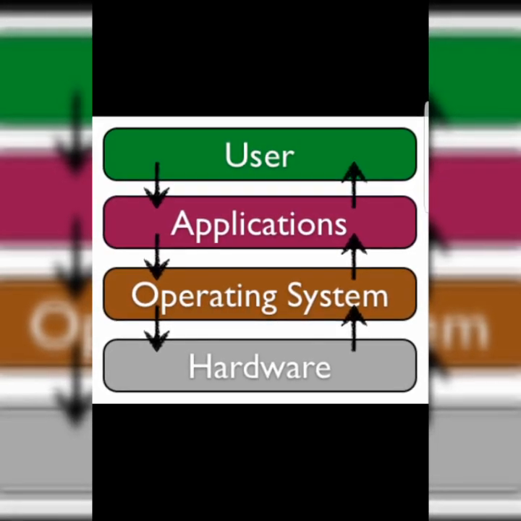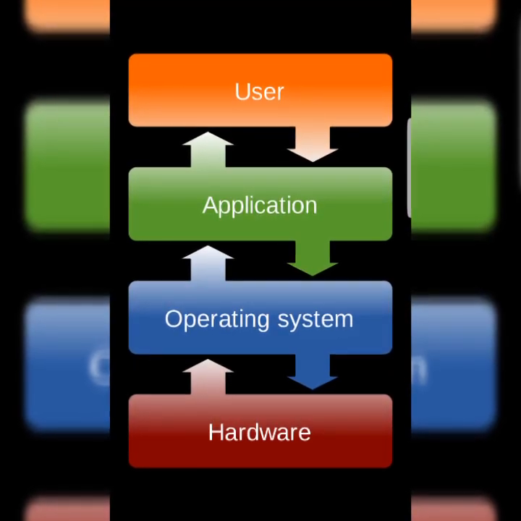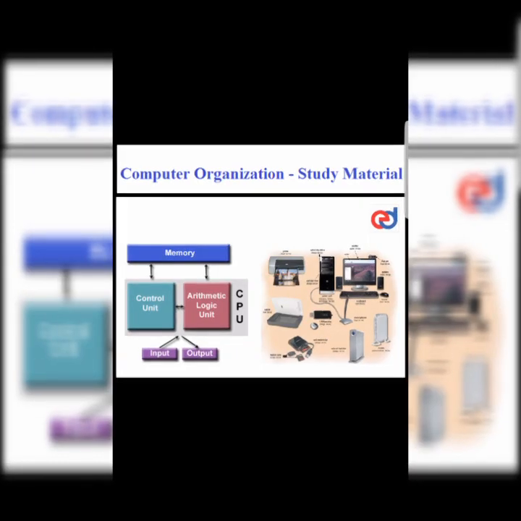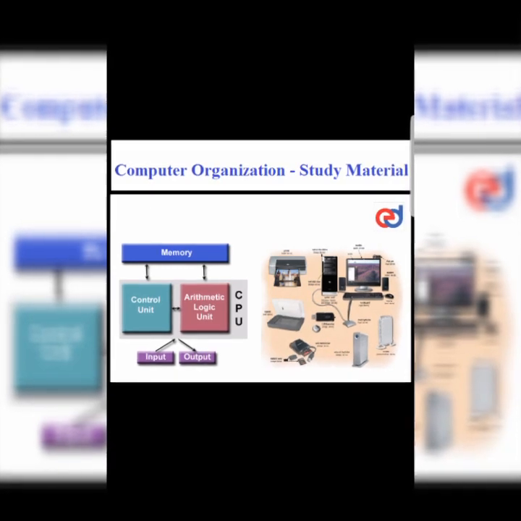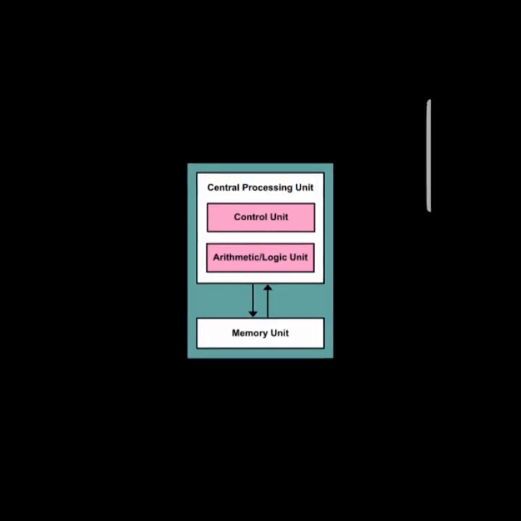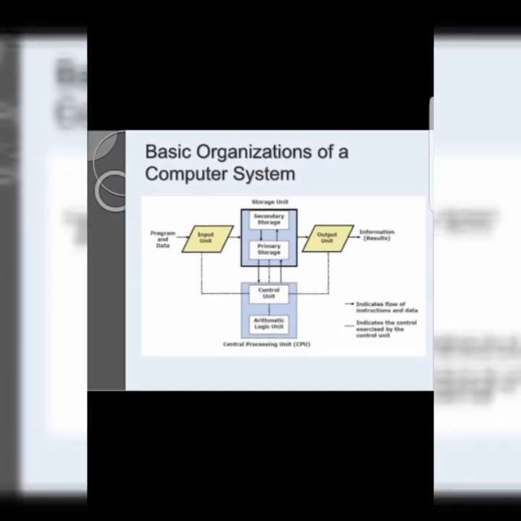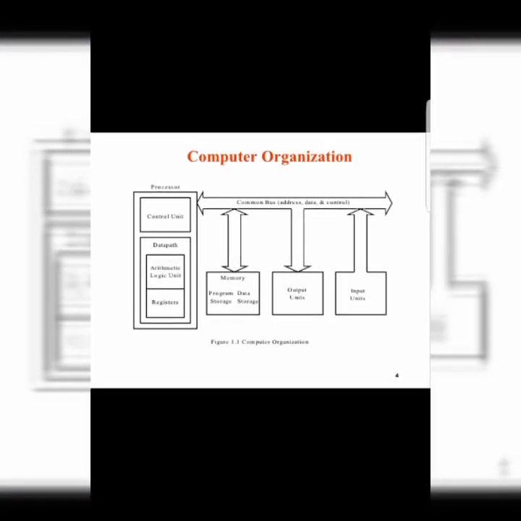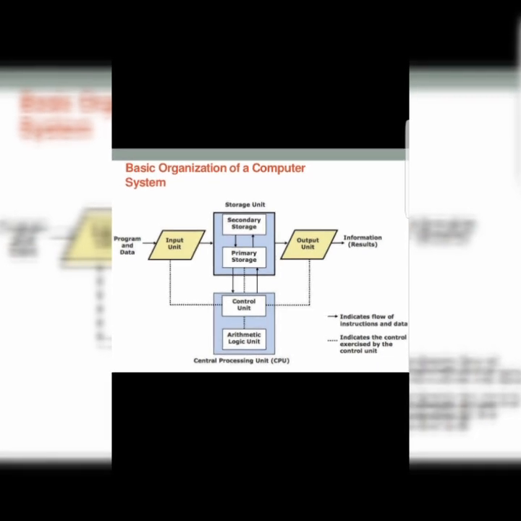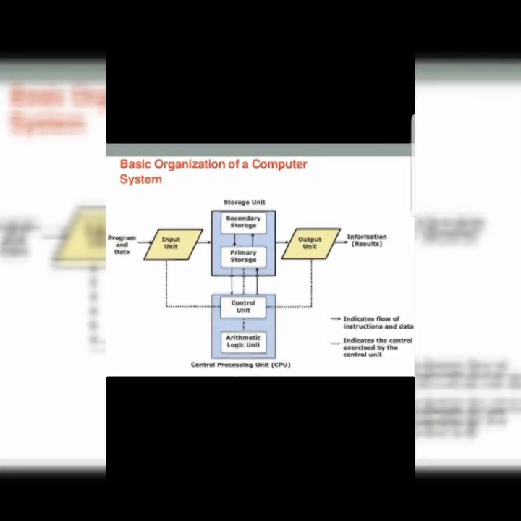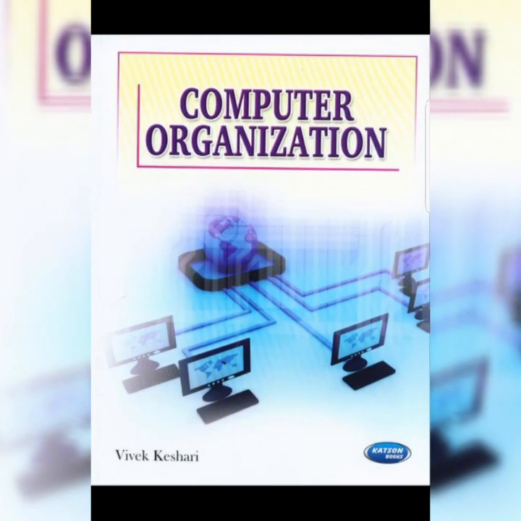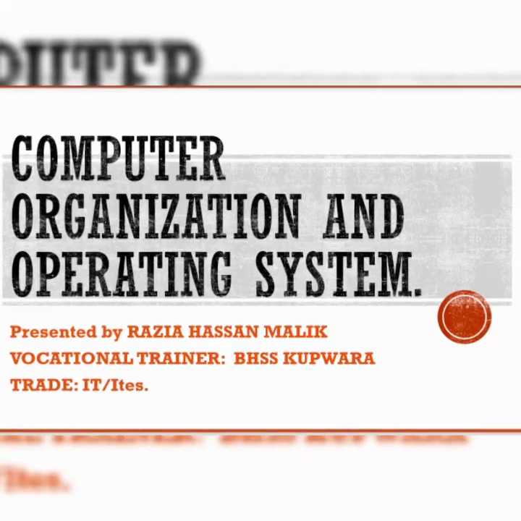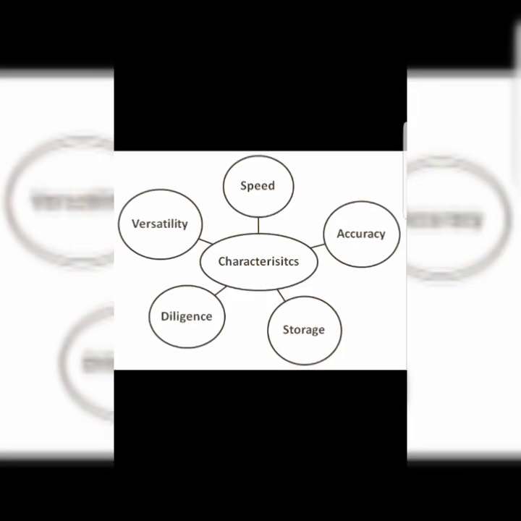The language which is understood by a computer is termed binary language, which is in the form of zeros and ones. Our computer understands only zeros and ones, and we humans understand natural language, but natural language is not understood by the machine.